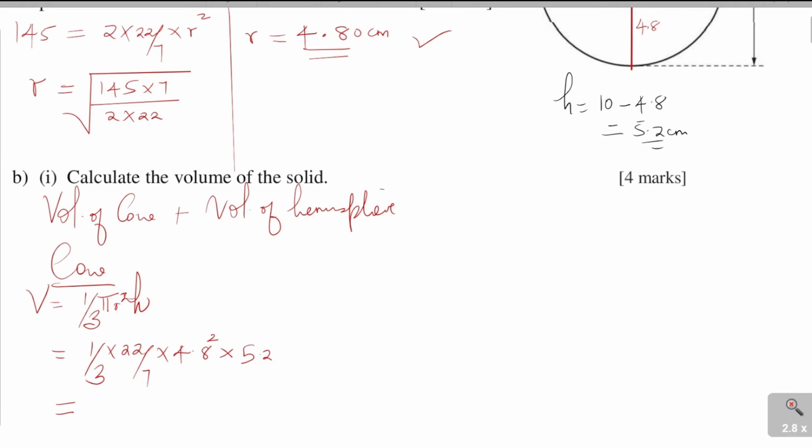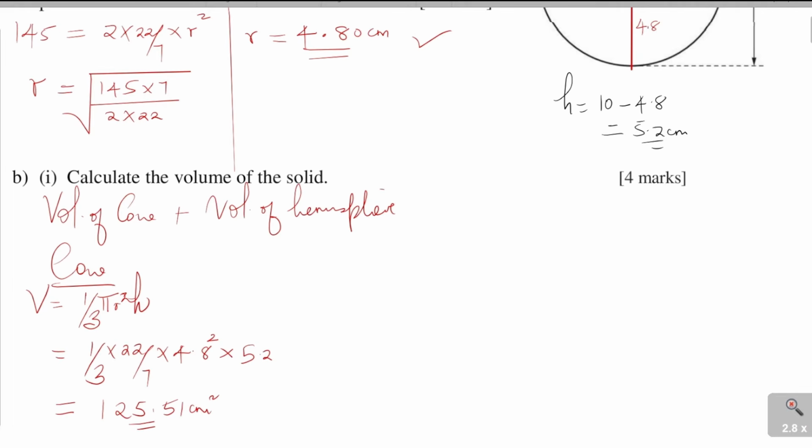Using a calculator, you have 22 multiplied by 4.8 squared times 5.2, and then you divide by 21. This gives 125.51 centimeters cubed, correct to 2 decimal places.